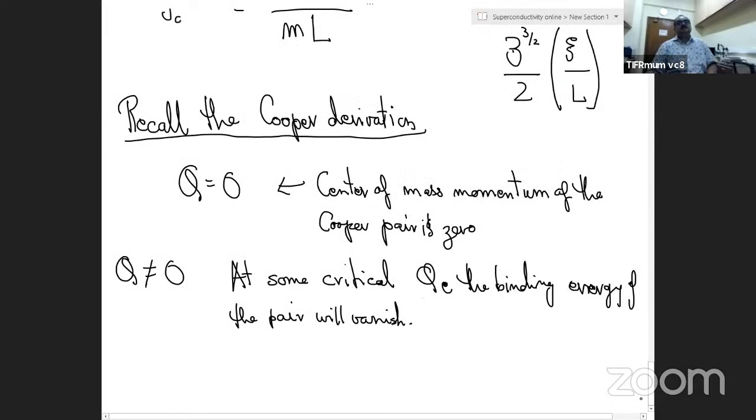Now this is the third critical current that you can derive from microscopic theory.